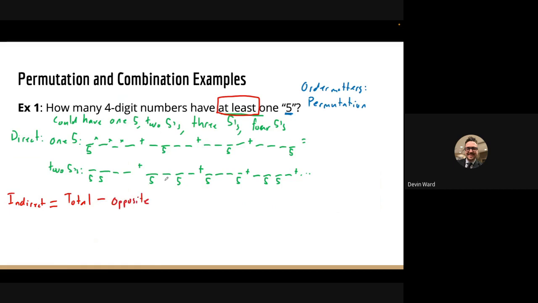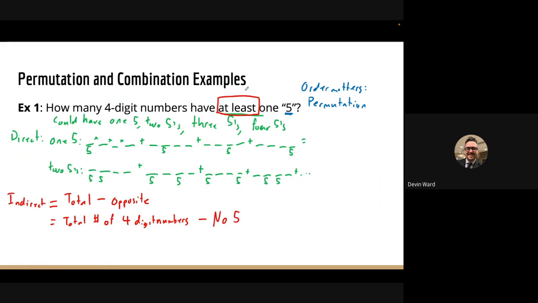Okay. So for this specific case, if we want 4-digit numbers that have at least 1 5 in them, what we can do is find the total number of 4-digit numbers. And then we're going to subtract when there's no 5s in here, okay?